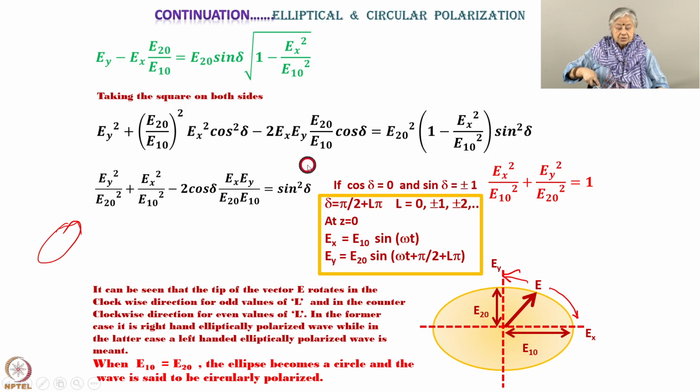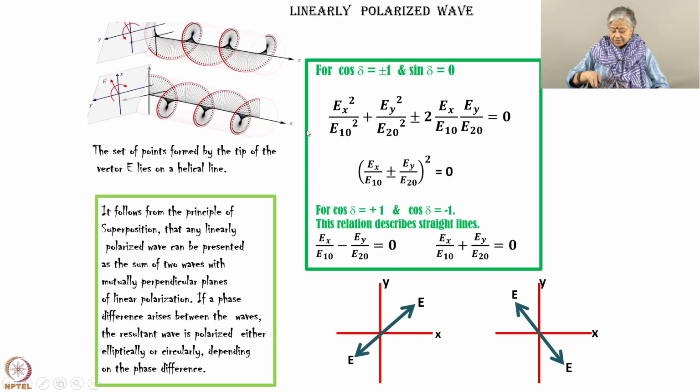This big equation will reduce to this when you put cos delta equal to plus minus 1 and sine delta equal to 0. So, this is like a square: (Ex upon E10 plus minus Ey upon E20) whole square equal to 0. Okay, that is easy to see.